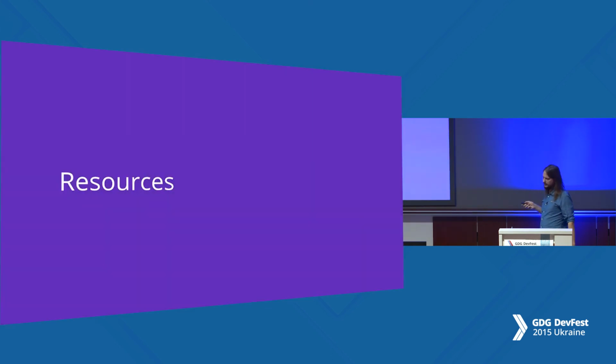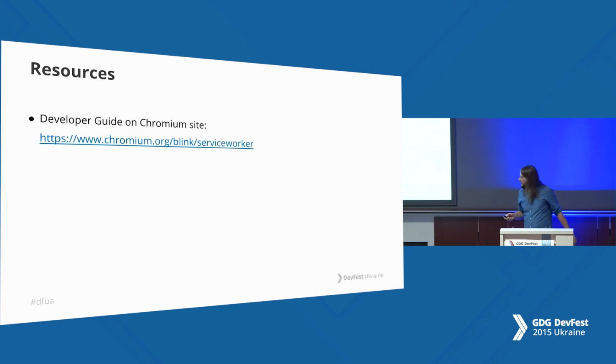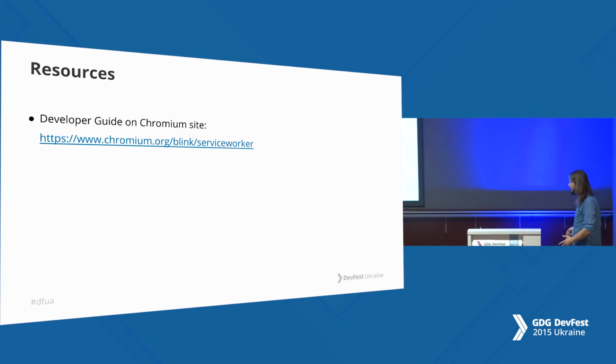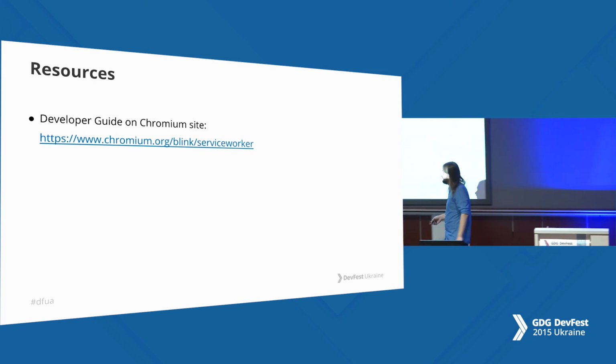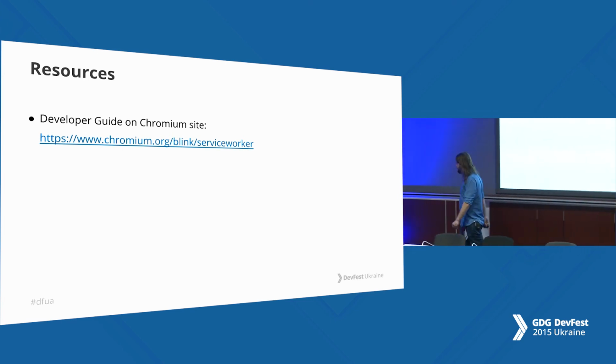And a short list of resources. The first one is the developer guide on the Chromium site. Sorry, without QR codes because I didn't have a place here. So if you want to develop using Service Worker, go to this link.